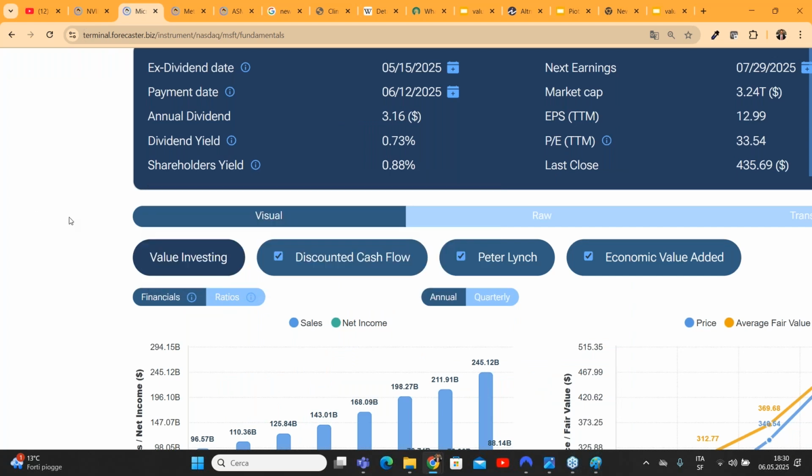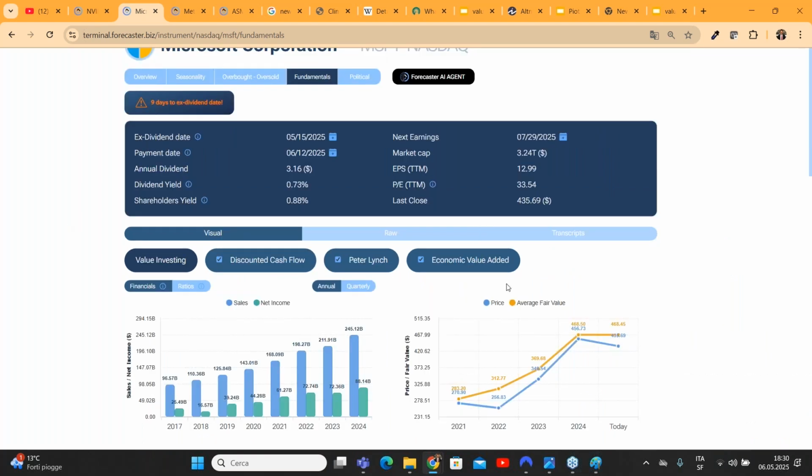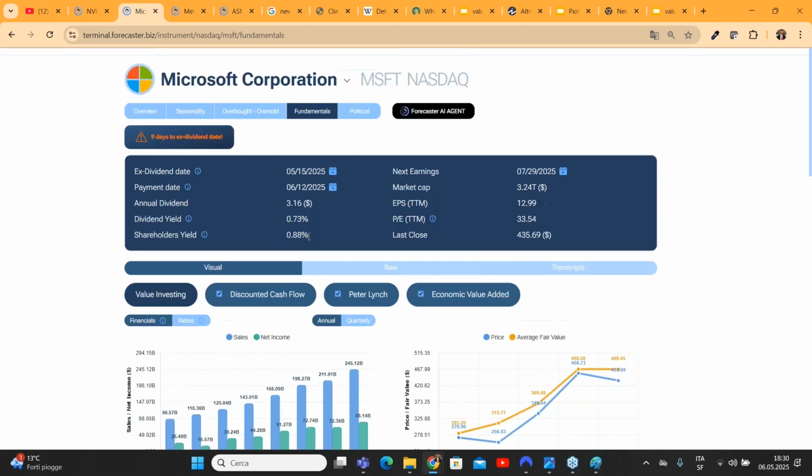It's very interesting because, especially if you're looking for a company to invest in for the long run, you really understand, thanks to the shareholder yield, where the dividend is coming from.